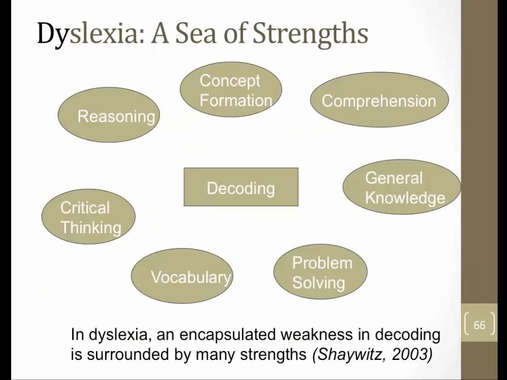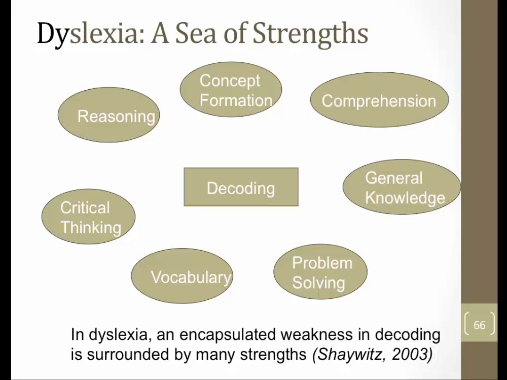And then I just want to end again reiterating the importance of finding the strengths of these children. So Sally Shaywitz, in her book Overcoming Dyslexia, talks about an encapsulated weakness in decoding that is surrounded by strengths.